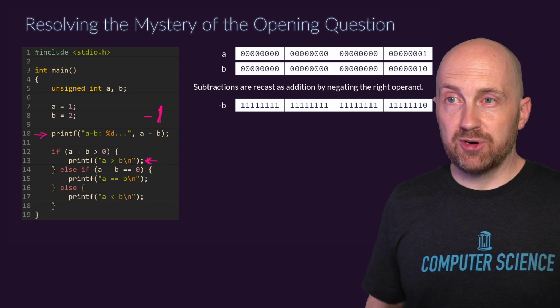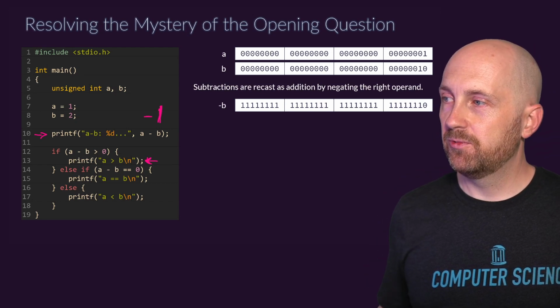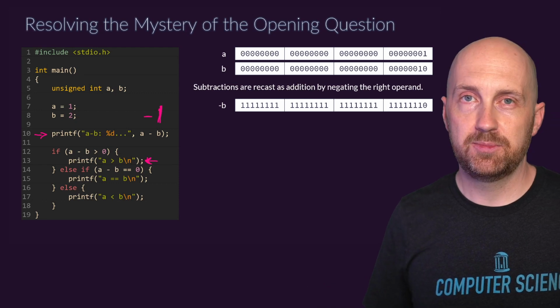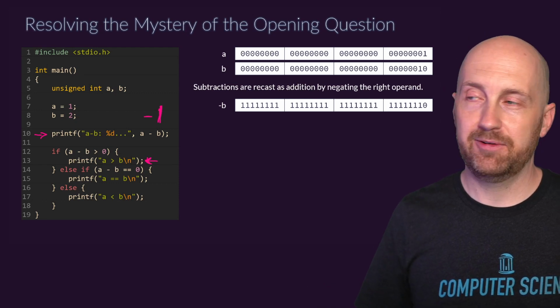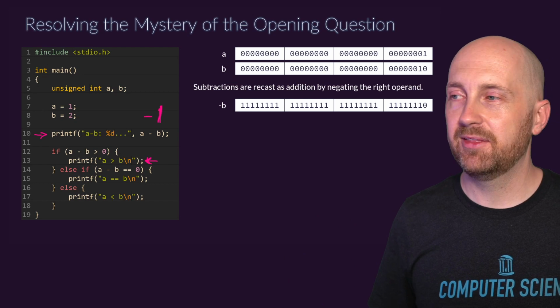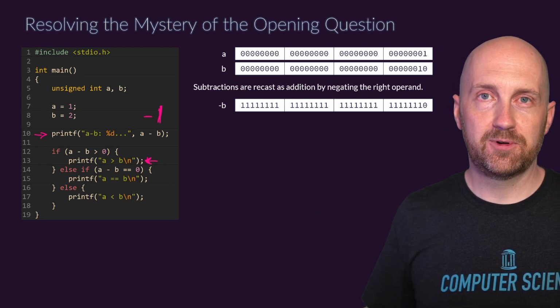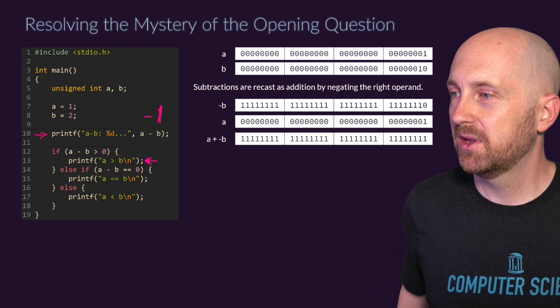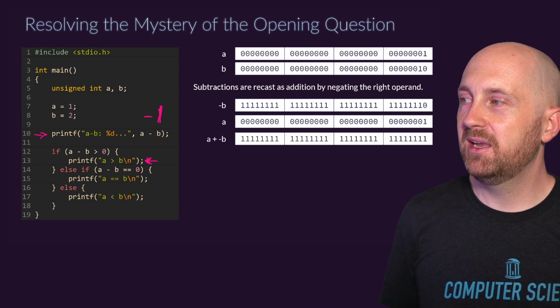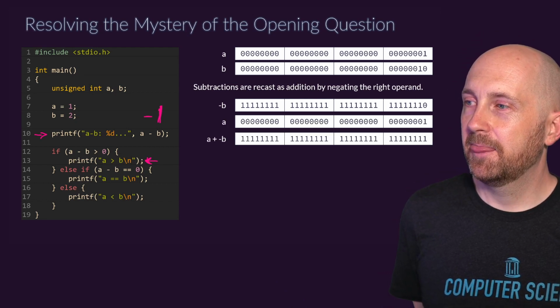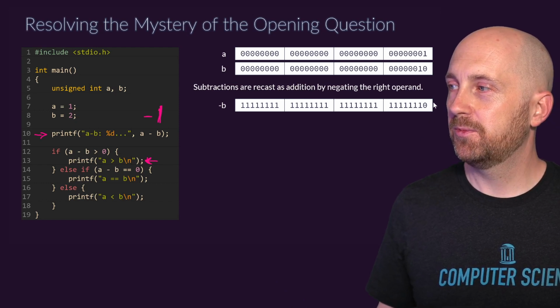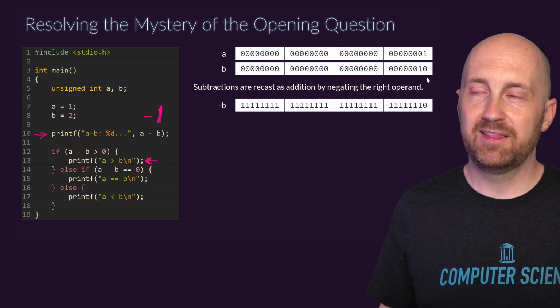When we subtract, we typically are going to recast our numbers to be what they would be negative, right? And then we add them together. And this is true for both unsigned and signed through some clever tricks in hardware. Right? So when we recast b to be the negative version of it using 2's complement, notice the point was you flip every bit and then you add 1.